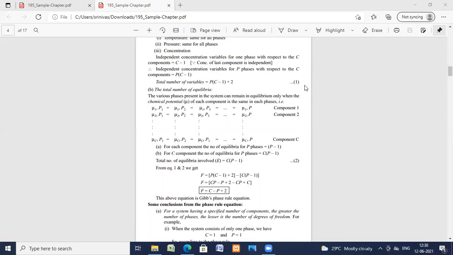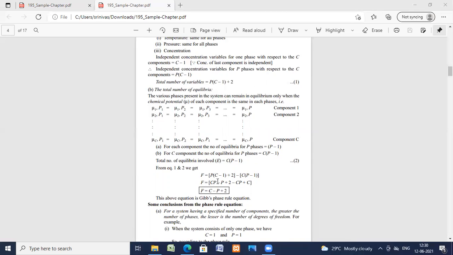So from equation 1 and equation 2, you get F is equal to P into C minus 1 plus 2 minus C into P minus 1.